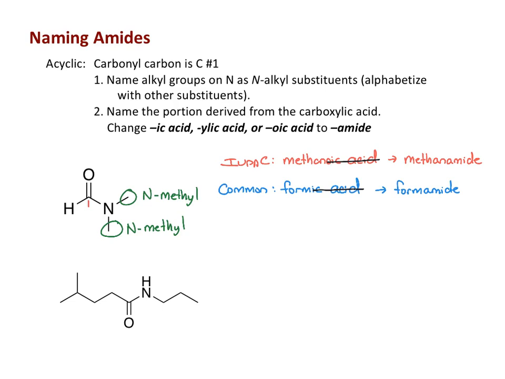So combine these into N,N-dimethyl, and then the parent, if we're doing the common name, formamide. This is a common solvent used in organic chemistry, often referred to as DMF.